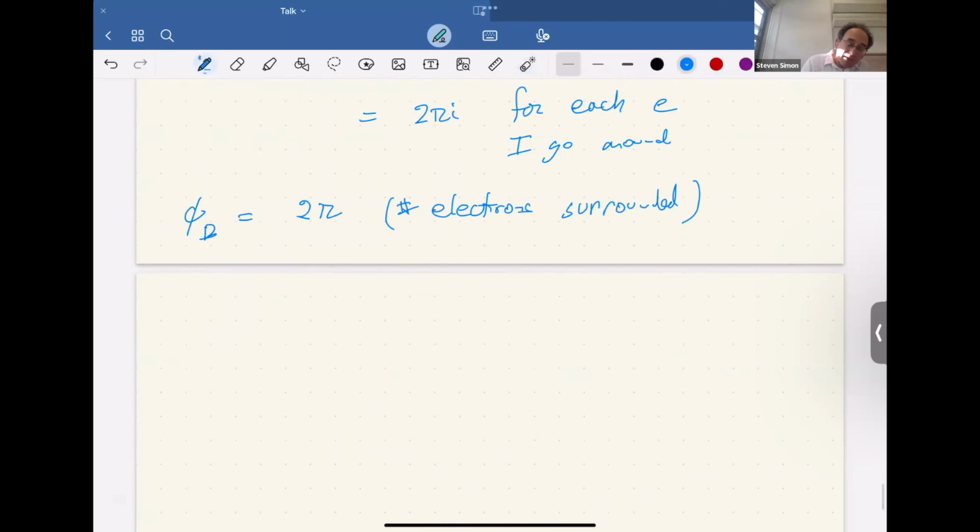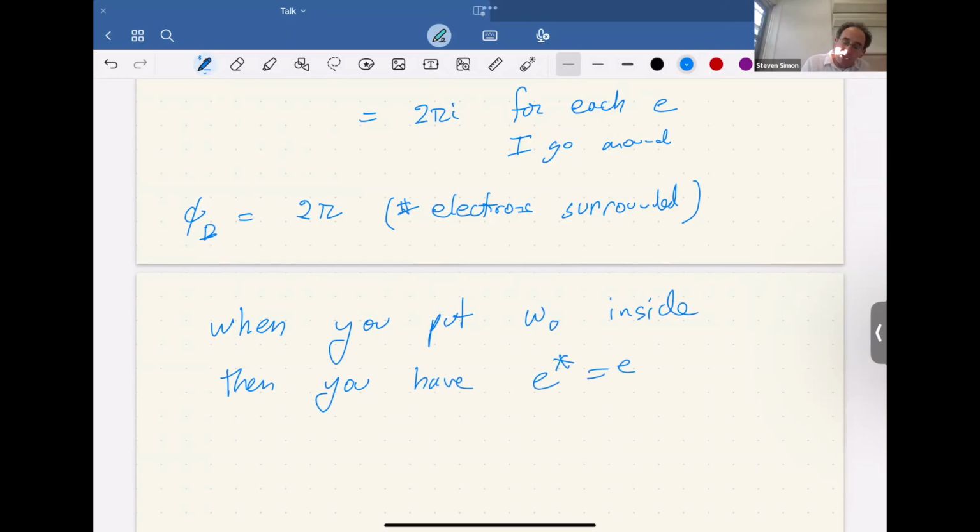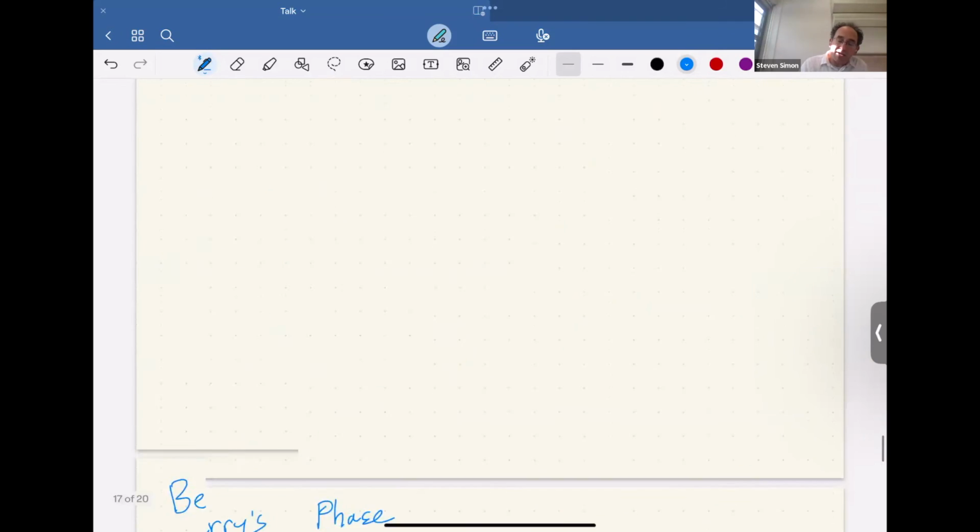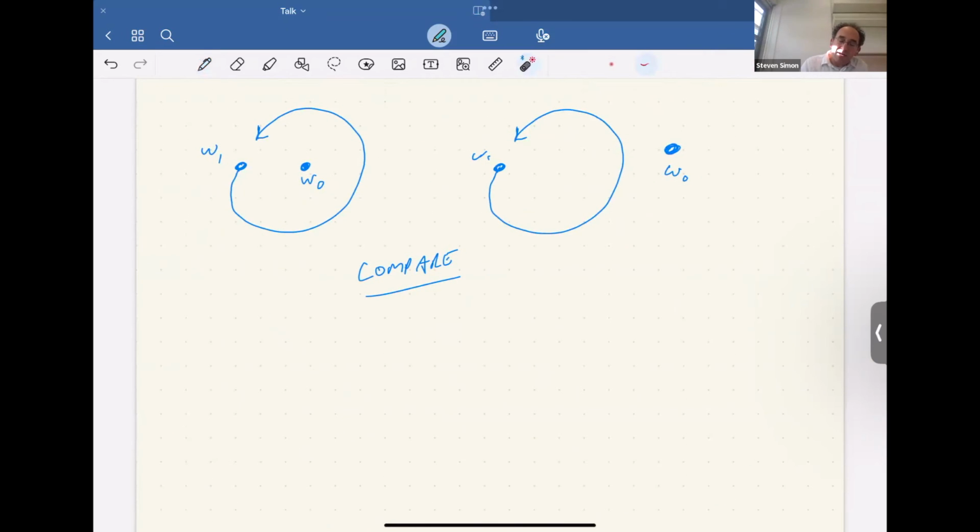But you notice that when you put W0 inside, then you have E star equals E over 3 fewer electrons inside. So in this experiment, you've pushed away 1/3 of an electron.